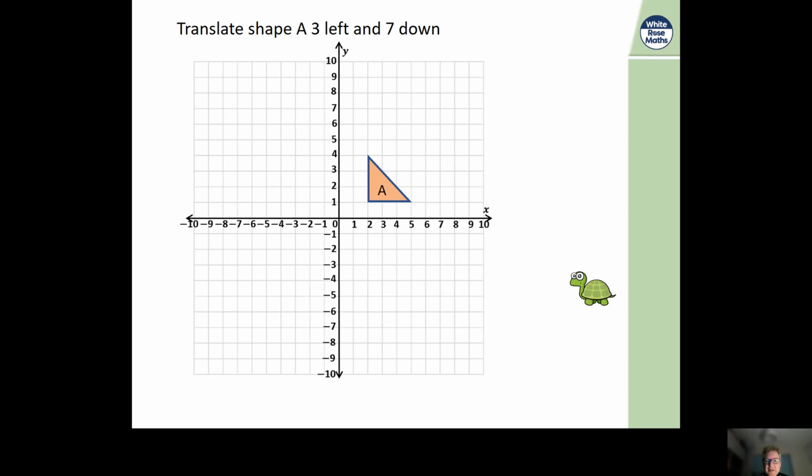Oh, hello, here's our little friend. I think I've got this one. Translate the shape A, triangle, 3 left, 7 down.